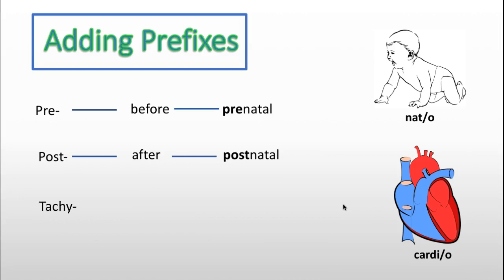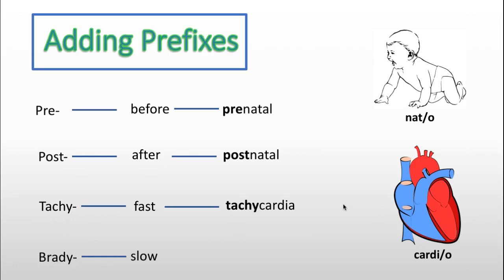Another prefix is tachy. Tachy means fast. So we can add this prefix to the root cardi, and we get tachycardia, which means fast heart action. The opposite meaning is brady.